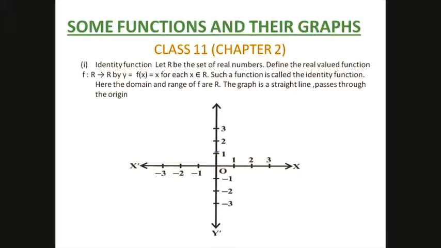So for 0 we get 0, for 1 we get 1, for -1 we get -1. Whatever we insert for x, we get the same result for y. So the line will be straight, something like this, and it passes through the origin. So this was the graph of the identity function, whose domain is the real numbers and range is also the real numbers.